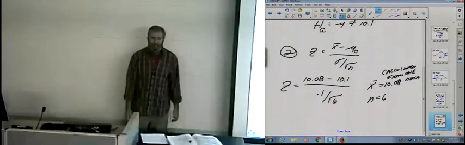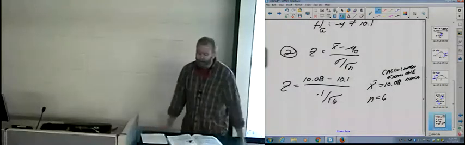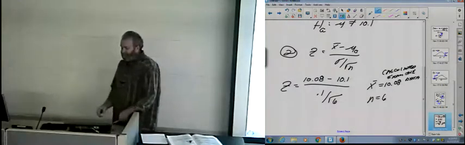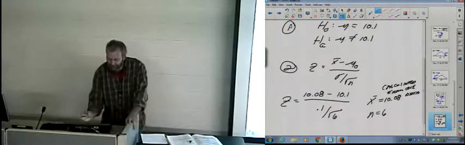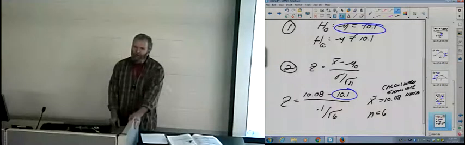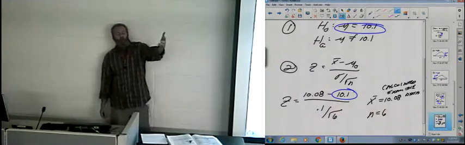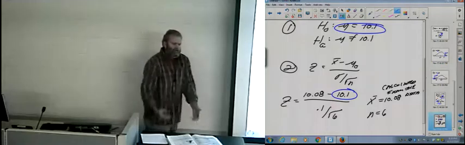That's going to give me my test statistic. All these numbers came from the problem. X bar, we had to calculate it. The 10.1, I'm going to circle this. We assume the null is true. That's the reason for that value being 10.1 there. The 0.1, that sigma was given to me in the problem. The sample size was they told me there were 6.